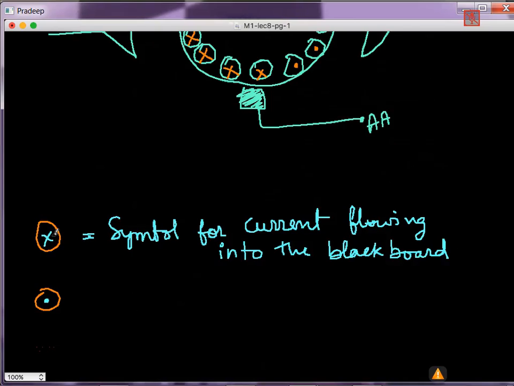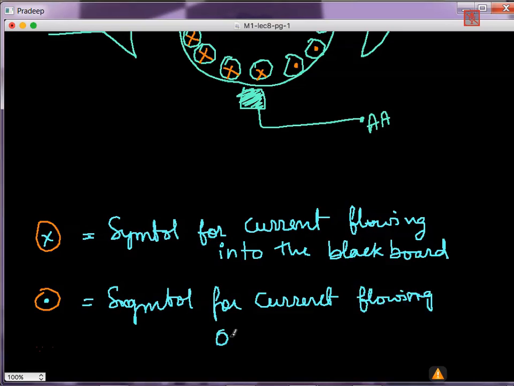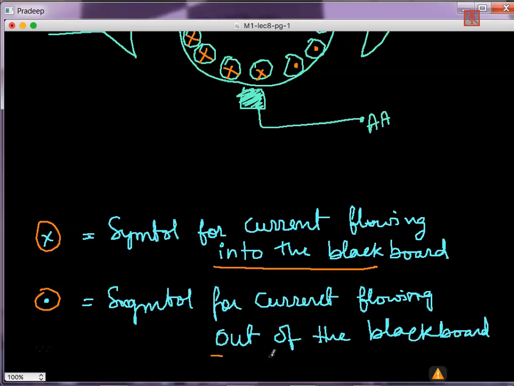The current is flowing perpendicularly into the blackboard, so we use this cross symbol. Similarly, we use this dot symbol for current flowing out of the blackboard. So this is into the blackboard and this is out of the blackboard. These are the symbols that we are using.